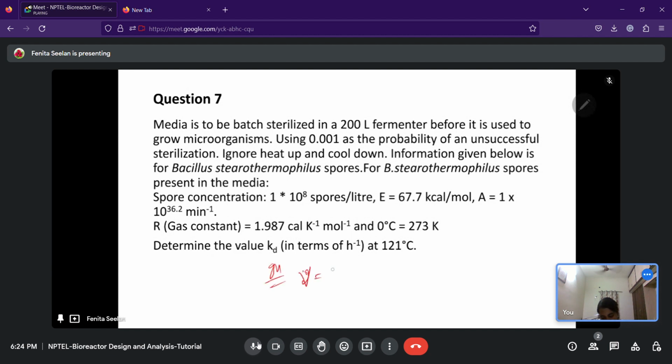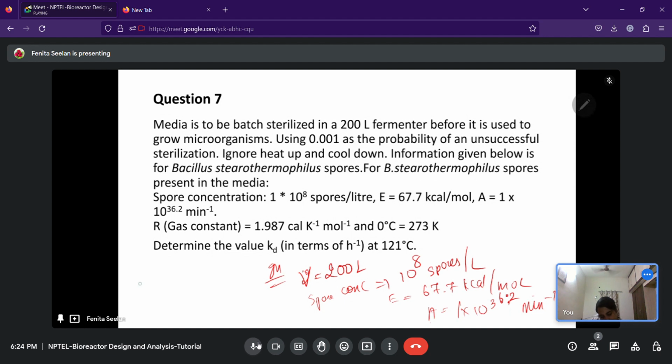Your volume is 200 liters, the spore concentration is 10 to the power 8 spores per liter, E is 67.7 kilocalories per mole, A is 1 into 10 power of 36.2, and the R value is 1.987. The unit is minute inverse. We have to determine the value of Kd.